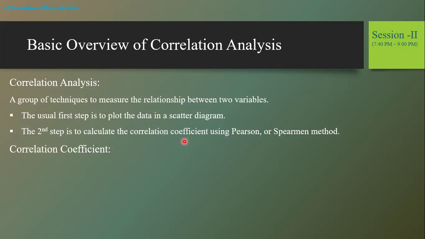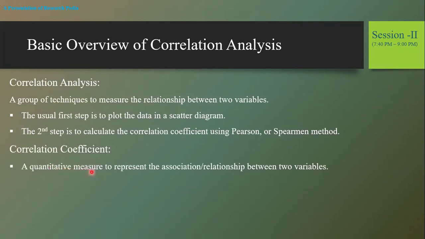So, how can we define the correlation coefficient? It is a quantitative measure to represent the association or relationship between two variables. When we want to find out the quantitative measure of the association between variables, we need to find out the correlation coefficient. But if a quantitative measure is not required, a scatter diagram would be enough.